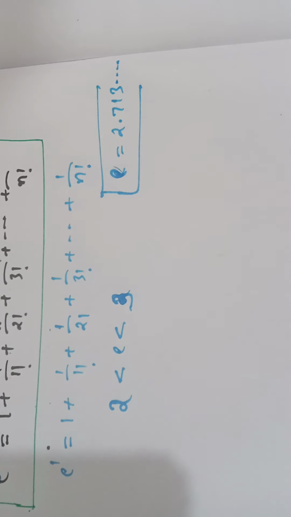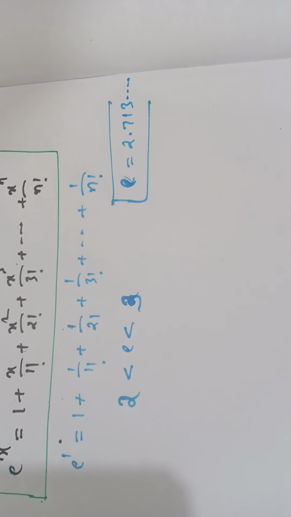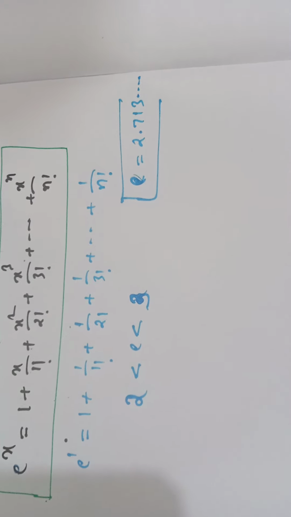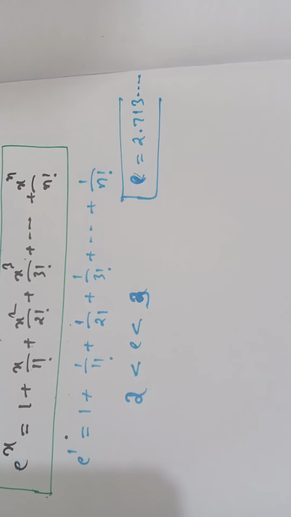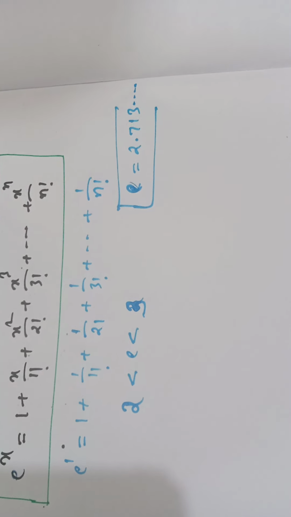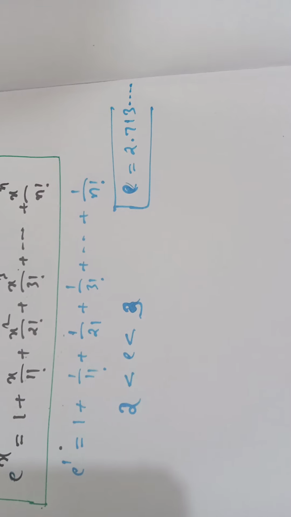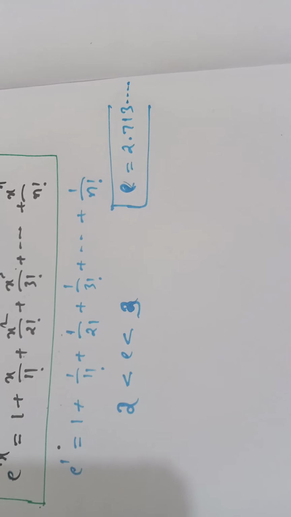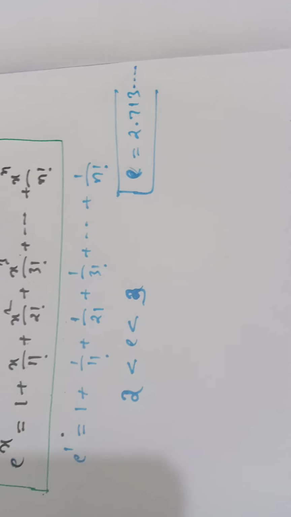Pi is approximately equal to 22/7 only. Pi is an irrational number; 22/7 is a rational number. And one more thing you need to remember: an irrational number is never equal to a rational number. Both numbers are different, but they may be close to each other.